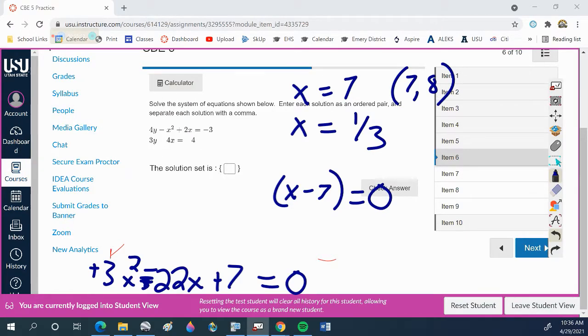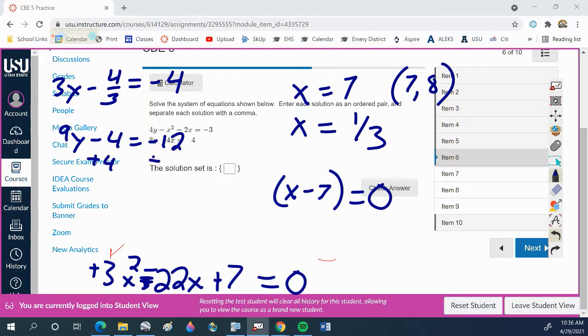Not making this fun, are they? 3y minus 4 times 1/3 is 4/3. I'm just going to times everything by 3. Get rid of that. So 9y minus 4 equals negative 12. Add the 4. 9y equals negative 8.